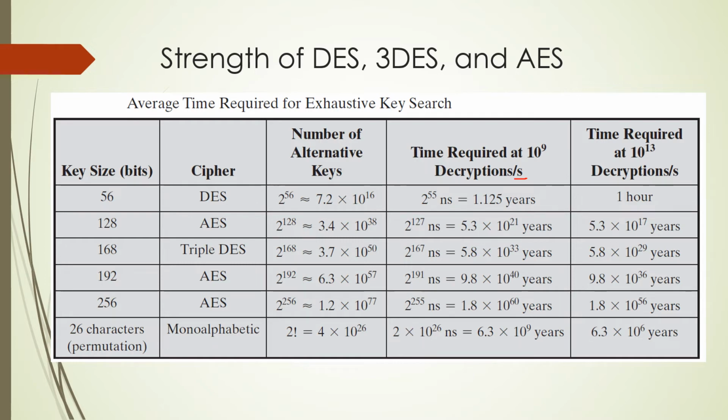If that was the case, then the time to do an exhaustive key search attack on DES would be 1.12 years, which is more than a year, but it's not that long. Why? Because the total number of unique keys for DES is 2 to the power of 56, which is 7.2 times 10 to the power of 16.